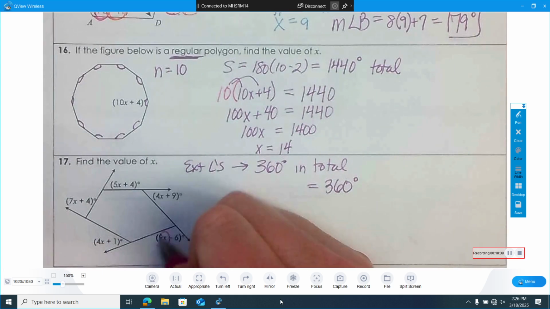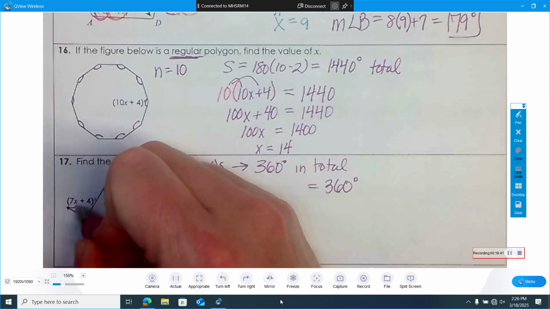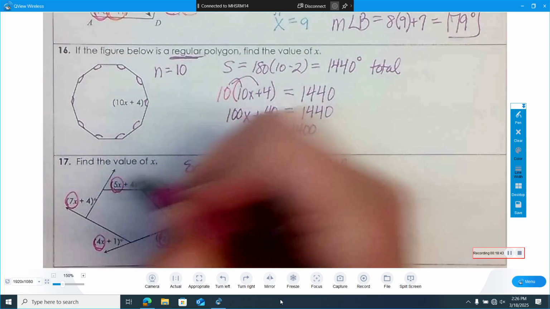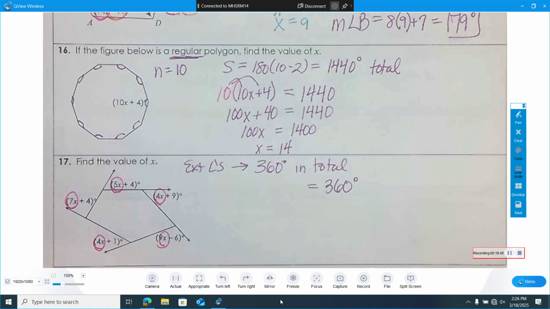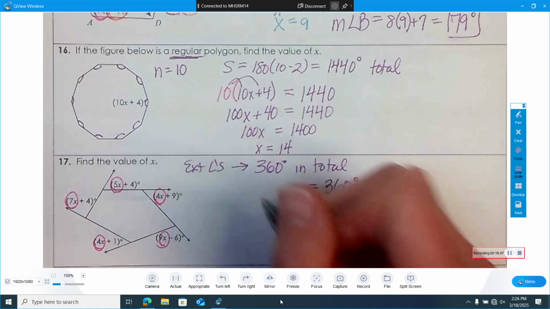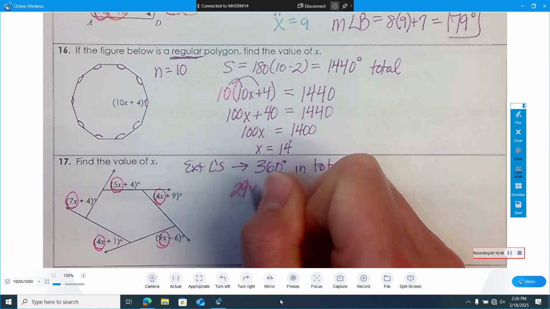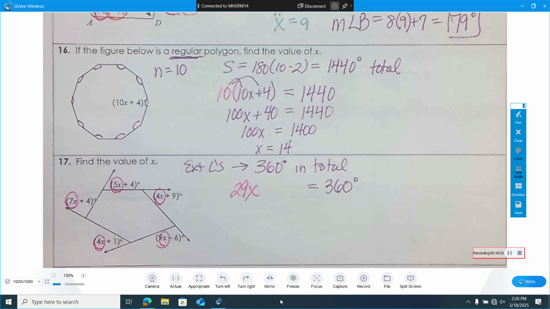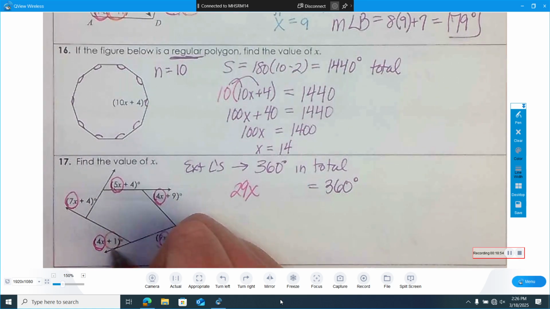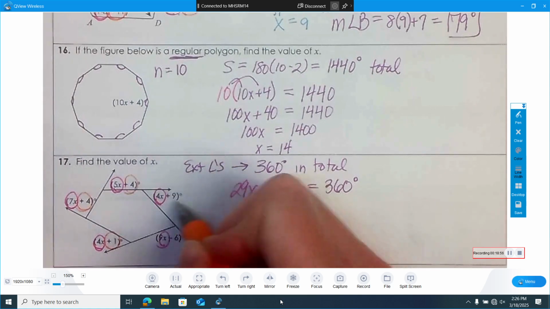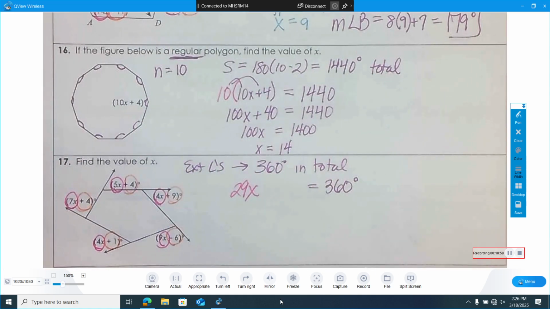Yeah, okay. 9x plus 4x plus 7x plus 5x plus 4x is 29x. Beautiful. And regular numbers, we have a 1, a 4, a 4, a 9, and a negative 6. 12.